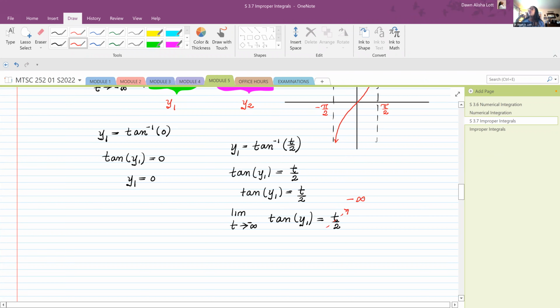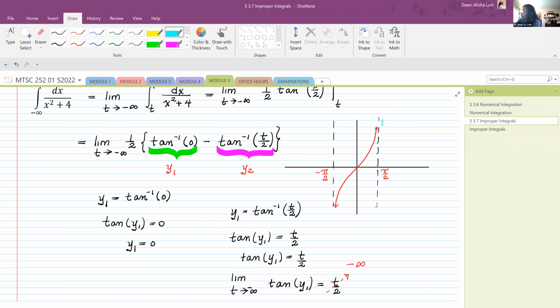If that's going to negative infinity, then Y2 has to be negative pi over 2, as you can see from the graph.